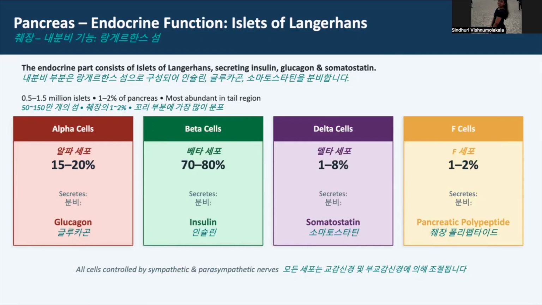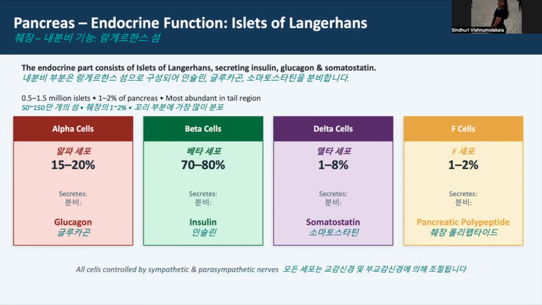The islets are divided into four types: alpha cells, which contribute 15 to 20%, and they synthesize and secrete glucagon. Then come beta cells, which are 70 to 80% of the islet cells, and they secrete and release insulin.